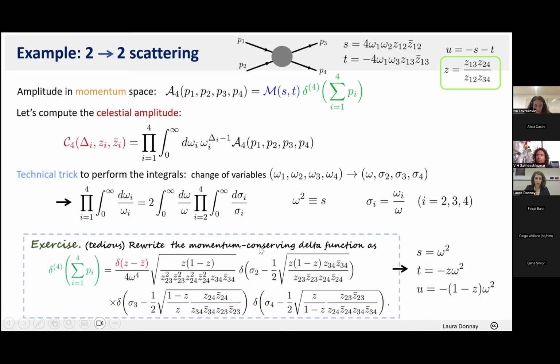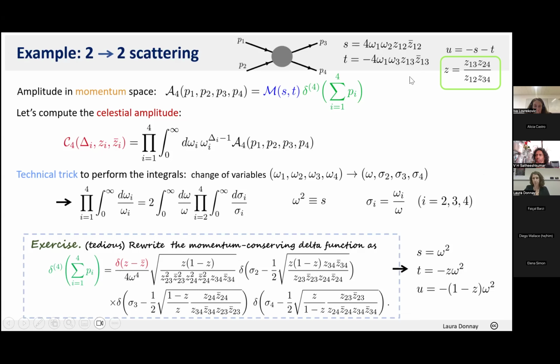And on the support of this delta function, what you can see, it's also a short exercise, is that the Mandelstam variables S, T, and U become given by S. Well, S was by definition, now I call it omega squared, which is exactly equal to S. And T simplifies a lot.